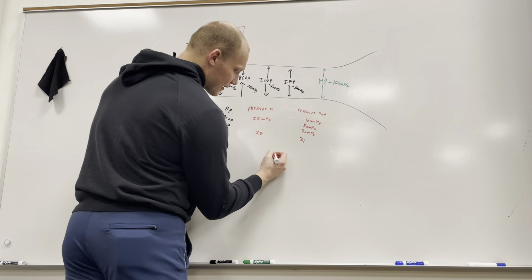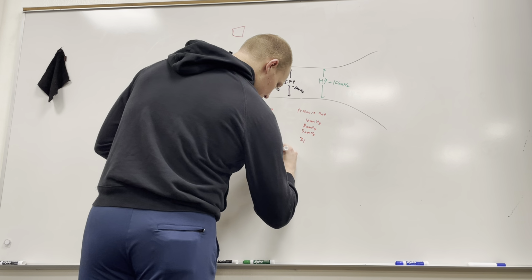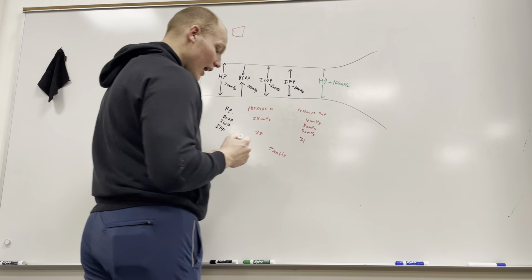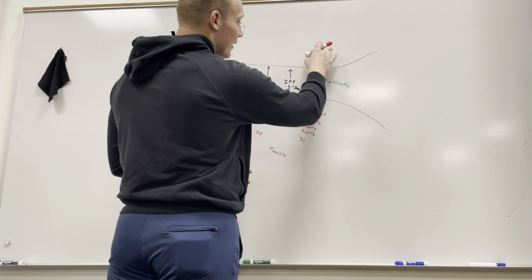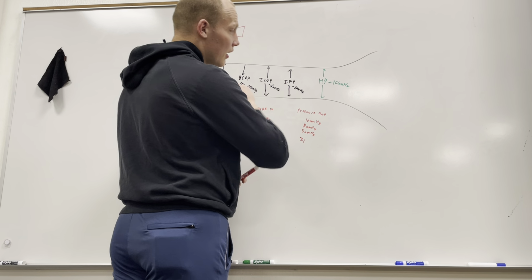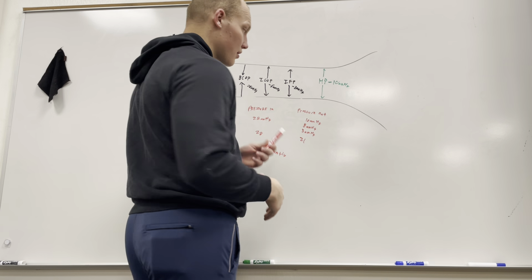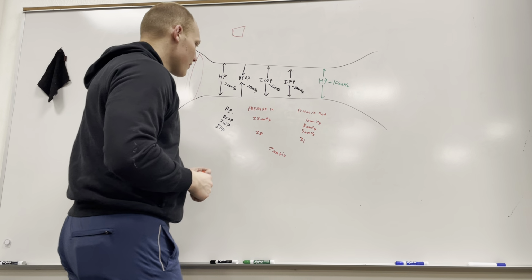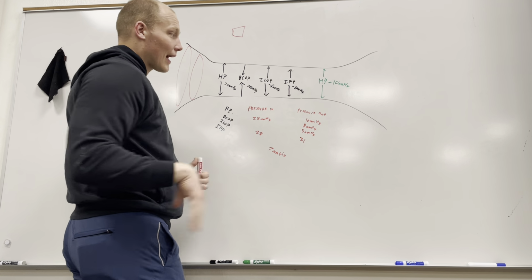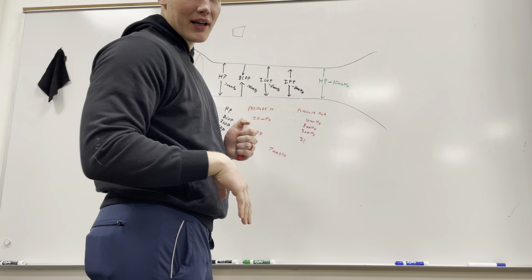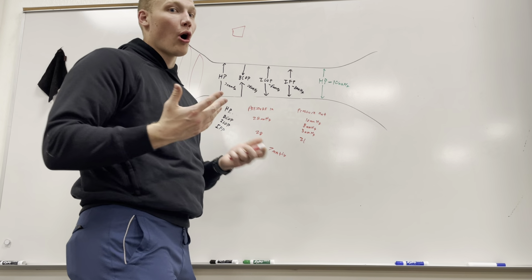So that would mean there's a 7 millimeters of mercury inflow. So we're bringing fluid into the bloodstream to be taken back out into the body. And that's really what happens in the capillary. These are the important pressures in the capillary, and this is what makes fluid exchange possible.